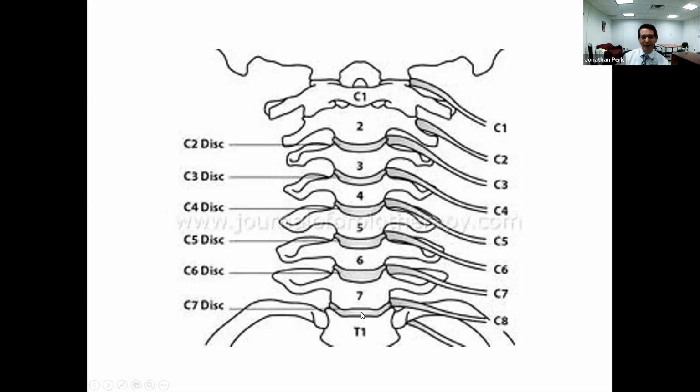What this means is that from T1 downward, the root always comes below the corresponding vertebra. And this will come up when we talk, not next week, but the week afterwards, about the roots in the lower spine. So don't get confused about that. Just remember, in the upper part of the cervical spine, the roots come above. In the lower part of the cervical spine, the roots come below. So that's how you'll never forget this.